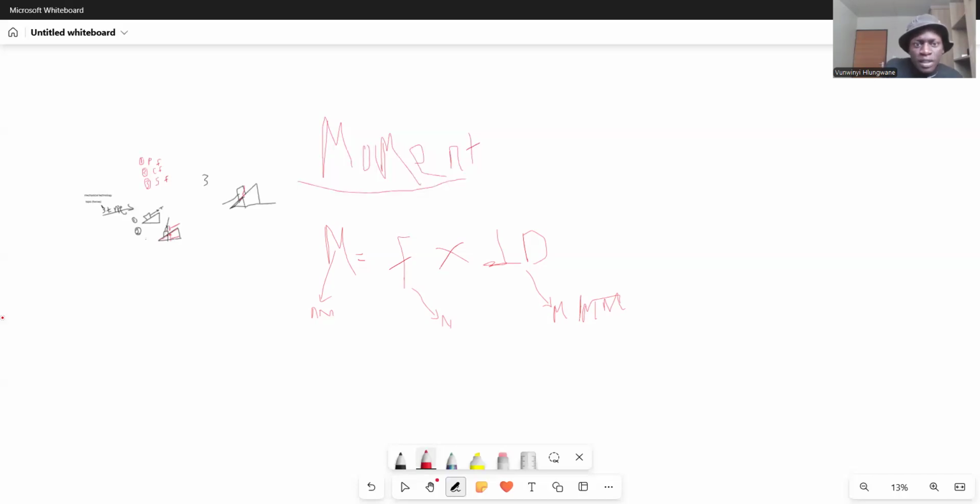So if you want to calculate moment, you must have the perpendicular distance, you must have the force, then you are able to solve for this. If they give you a moment and even a force, let me give you an example.